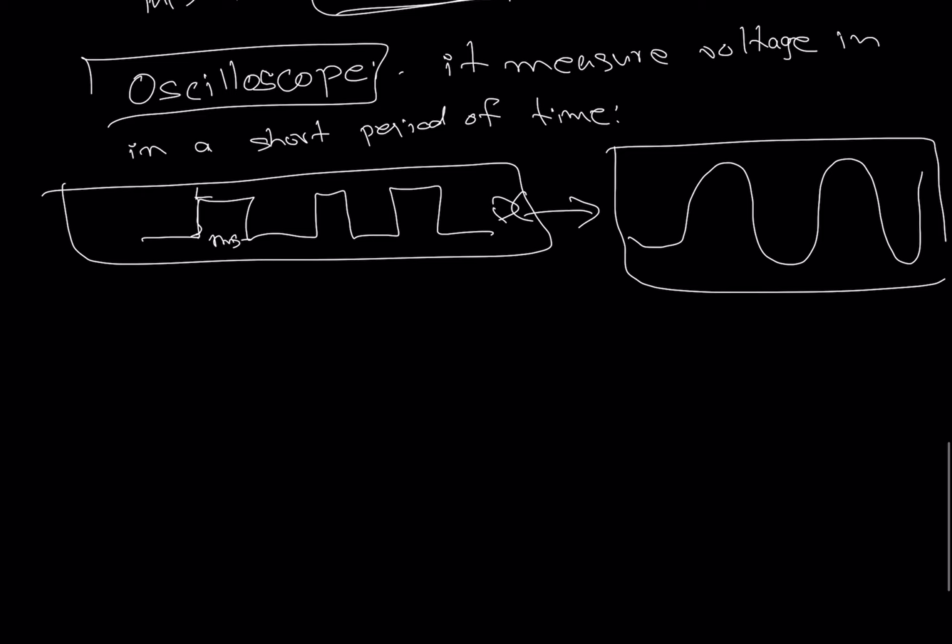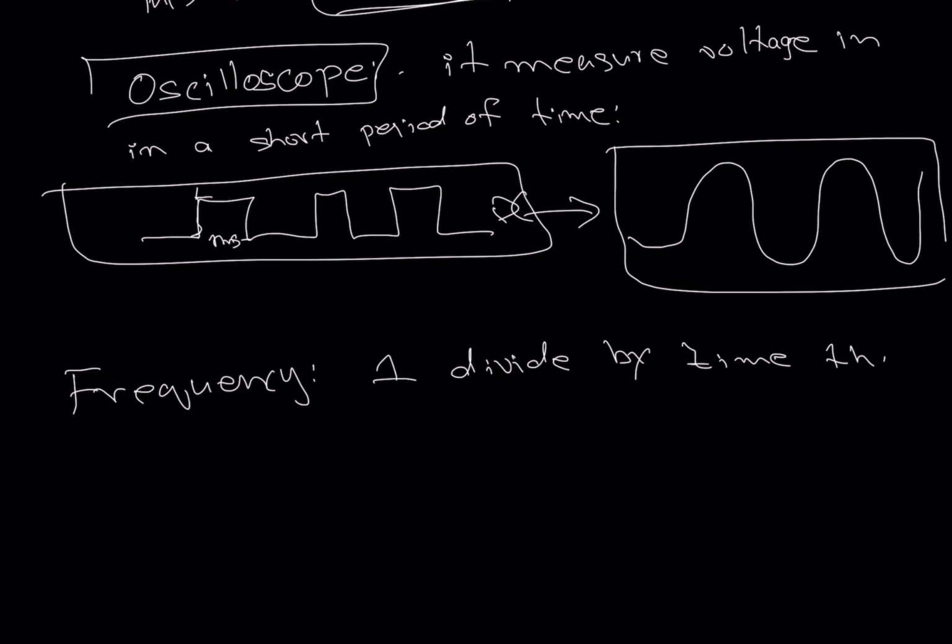Speaking of measurement, let's see how we measure frequency. What is frequency? Frequency is defined as 1 divided by the time it takes to complete a cycle.